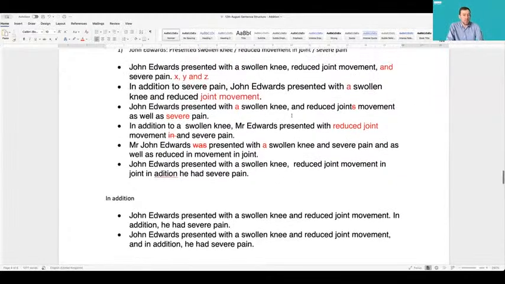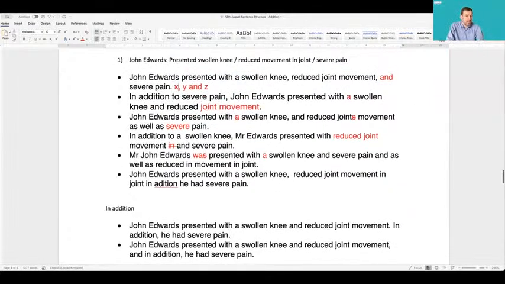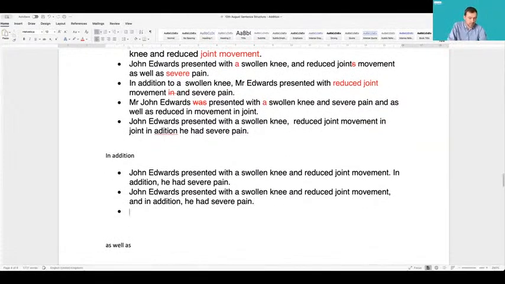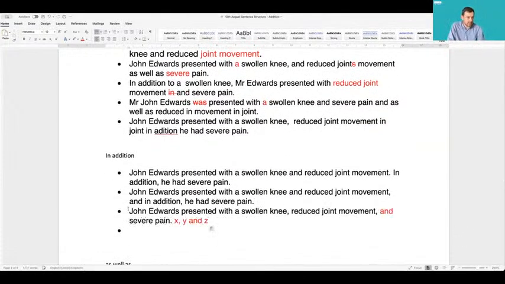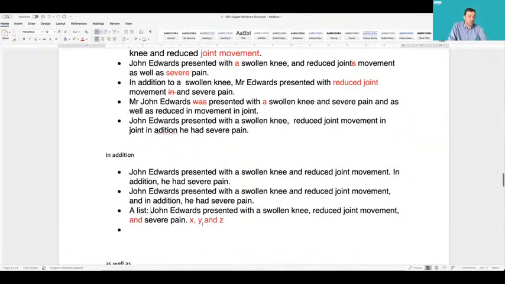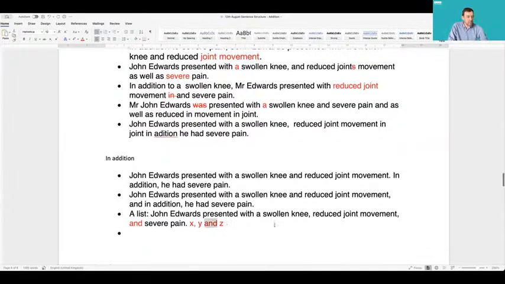If you say this one, this is a list. Because what they've done is they've just used and to add a number of things. So how's it worked? Why is this a list?